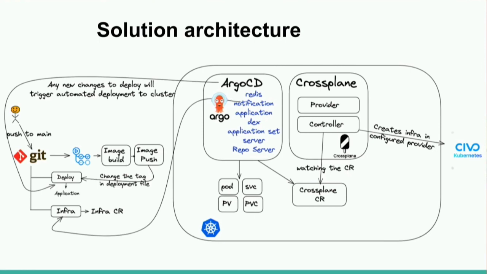And Argo CD that is installed onto your Kubernetes cluster is watching this deployment folder, and as soon as there is any change in the YAML file, it will deploy that onto the cluster and give you a new version of your application that can comprise of pod, services, persistent volume, PVC, whatever stuff is there.